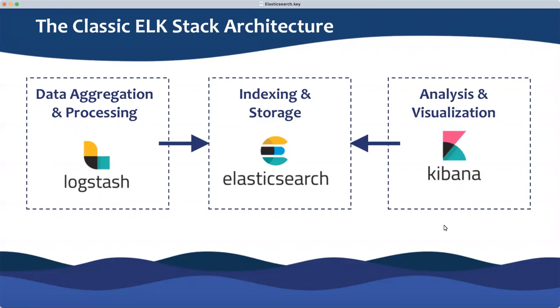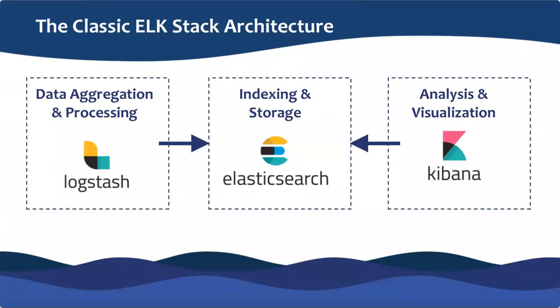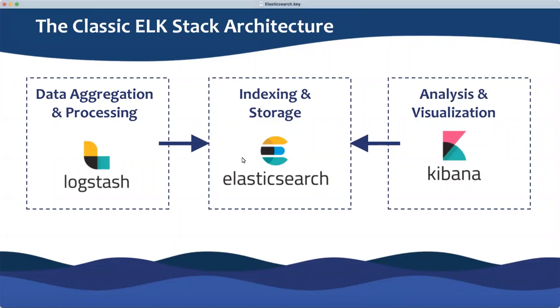And then it allows you to run queries and quickly search any data that has been stored. And then you can also build dashboards to visualize that data. So any questions so far on what each of these components is?